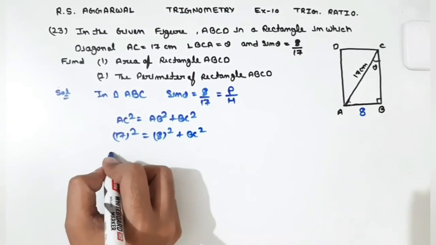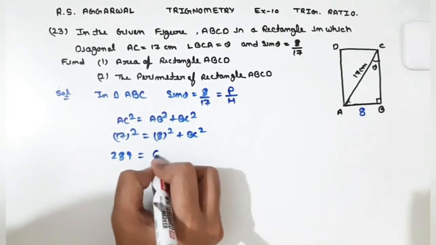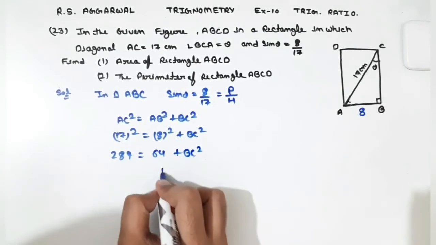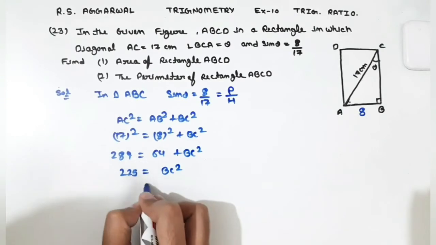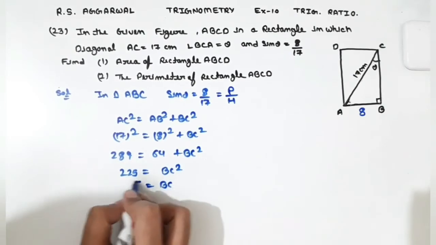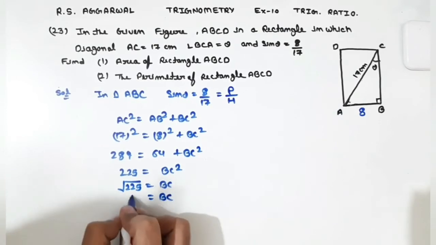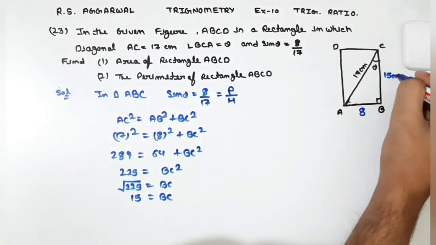So 17 square will be 289, 8 square will be 64 plus BC square. So from here BC square will be 225. So BC will be under root 225, so BC will be 15. So our BC will be 15 centimeter.